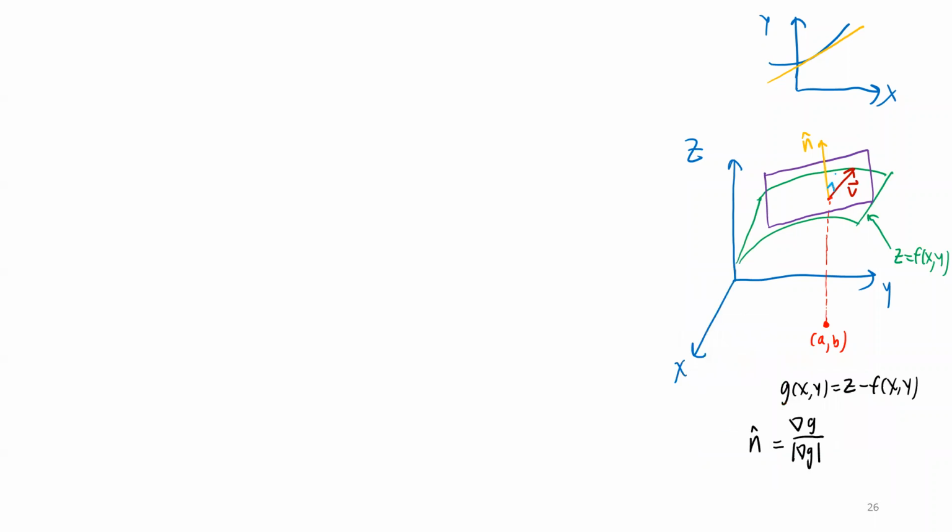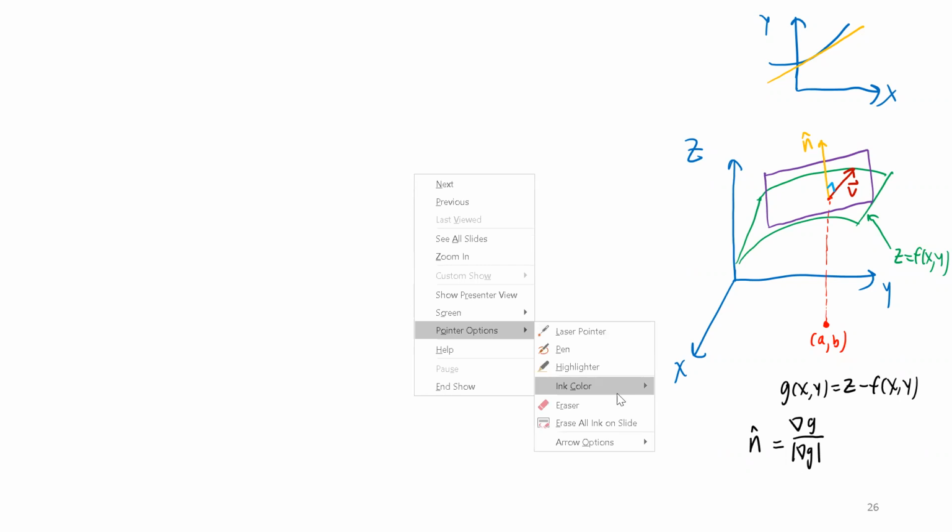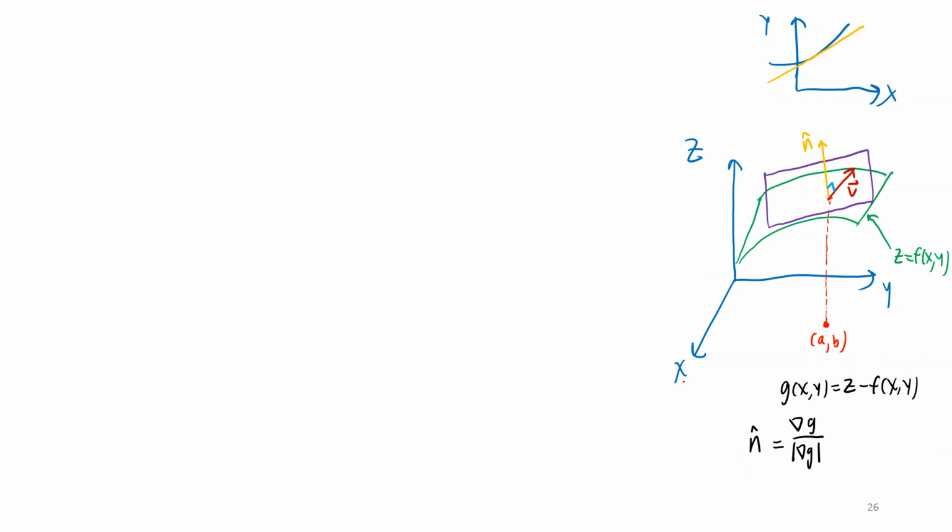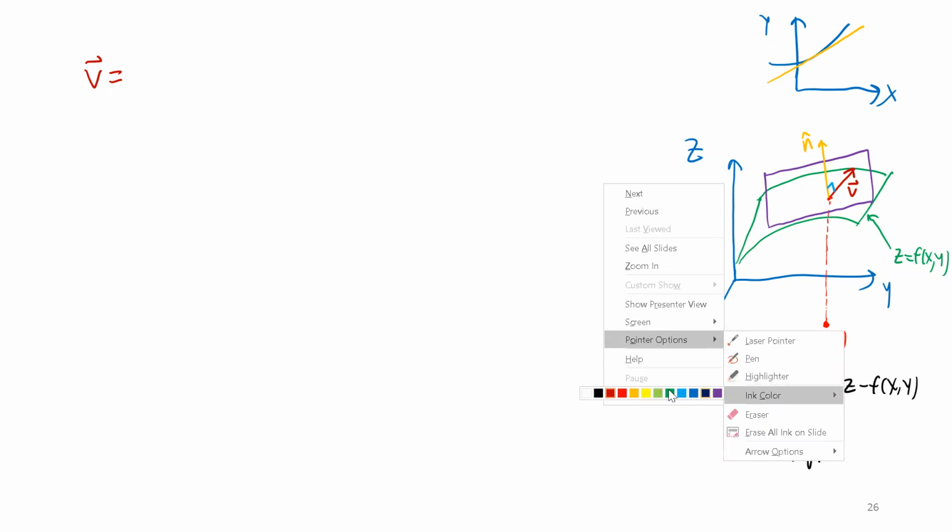So this is a right angle, always has to be perpendicular. And in general, how do I represent this v vector?